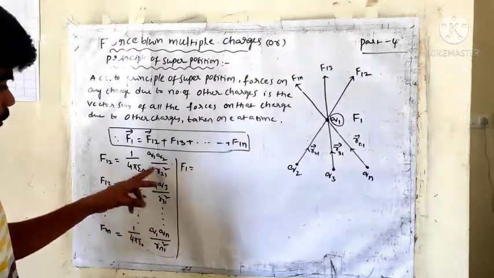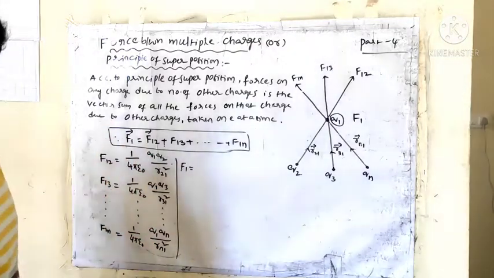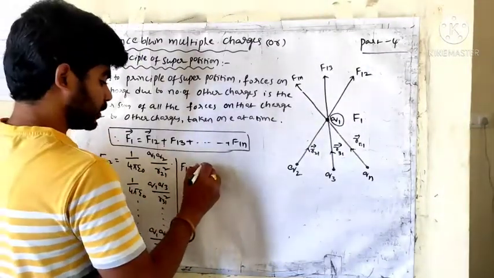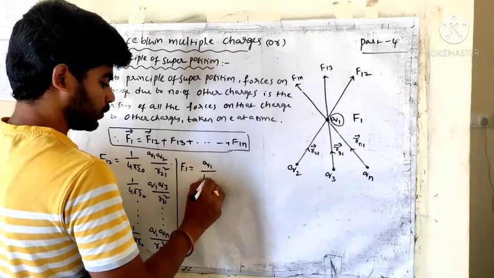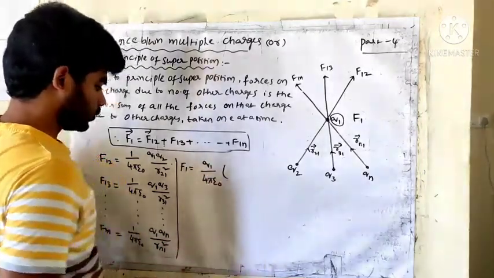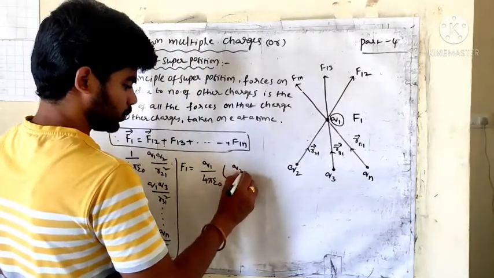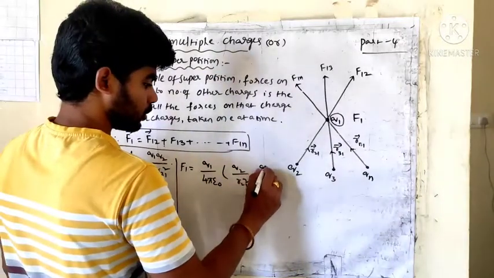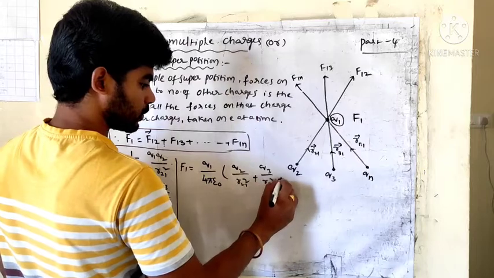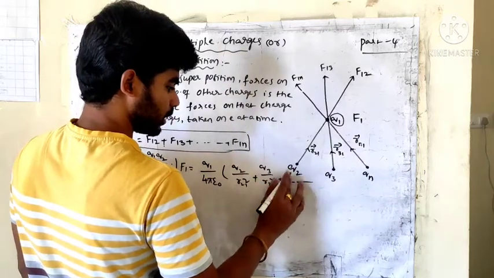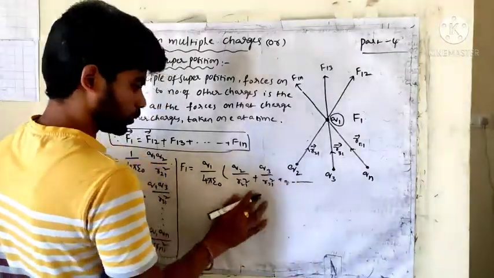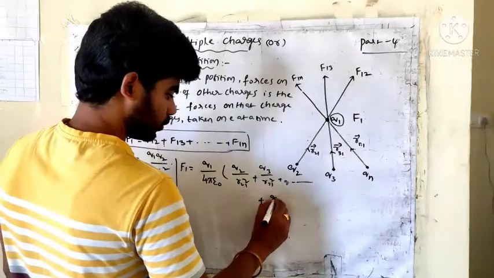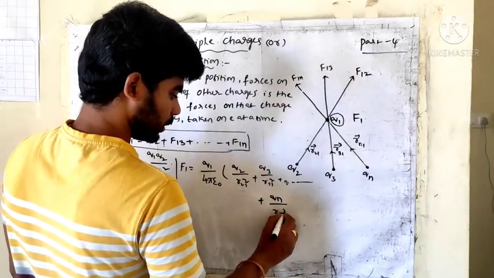So q1 by 4 pi epsilon naught, every term is common. Only this term changes, so can I write it like this: q1 by 4 pi epsilon naught into q2 by r21 square plus q3 by r31 square, plus and so on, plus qn by rn1 square.